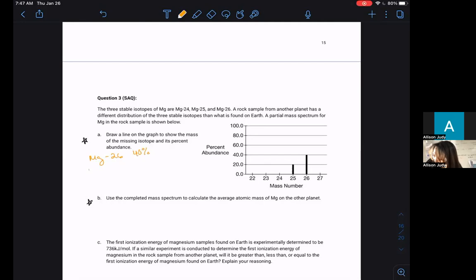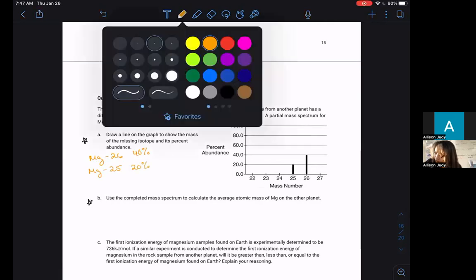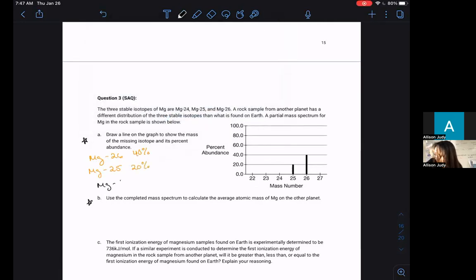And magnesium 25, based on this rock sample, is 20%. So you know then that the magnesium 24 must be another 40%. So what you should do is draw the little bar for the isotope with a mass of 24 at 40% abundance.